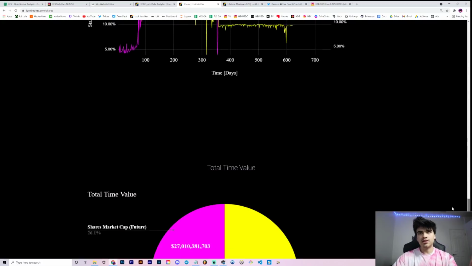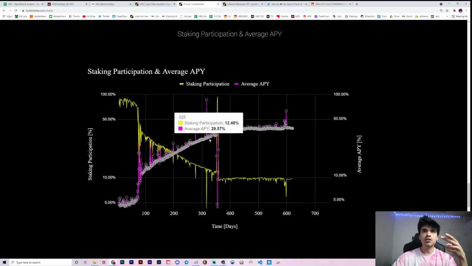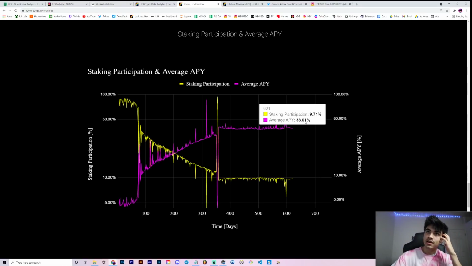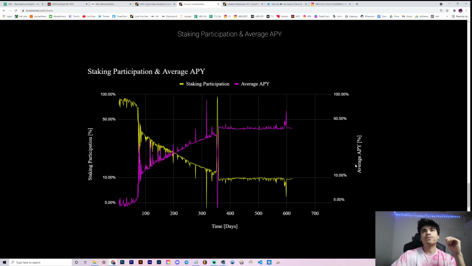And as well as your staking participation and how that's an inverse of the actual average APY. So currently, 9.71% of the entire system is staked. Therefore, there's a ratio in the contract that says 369 divided by whatever that percentage is, and therefore it gives you this 38.01% average APY.